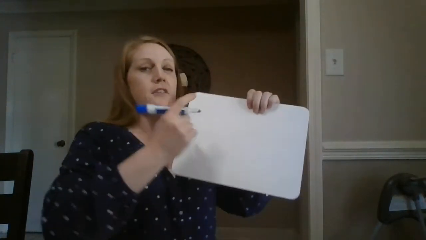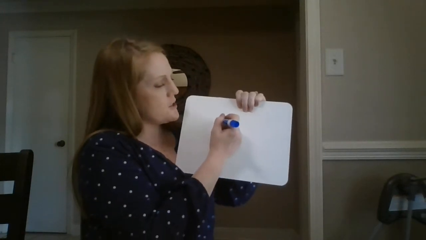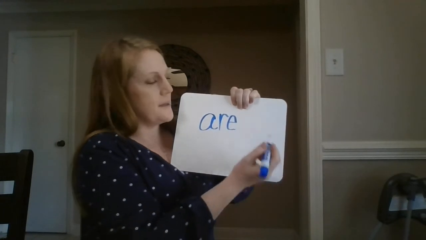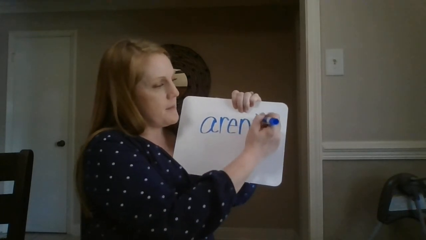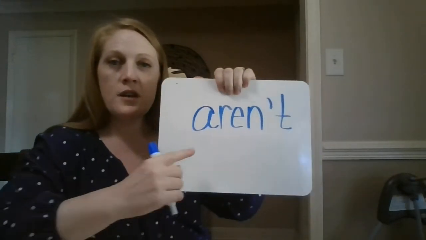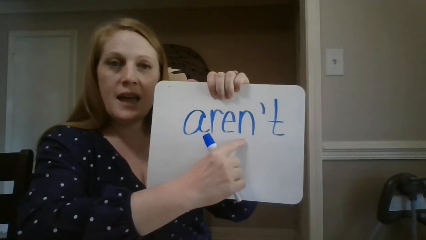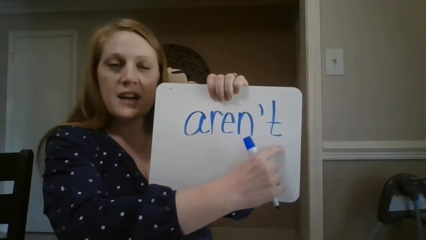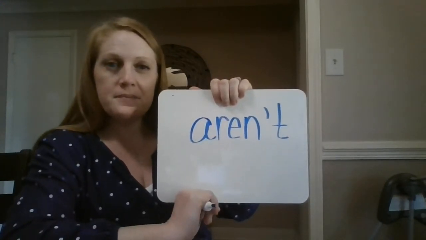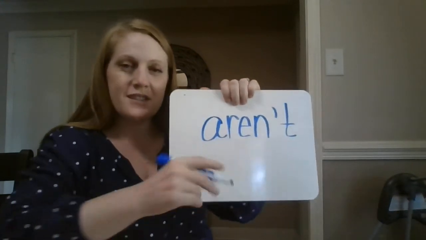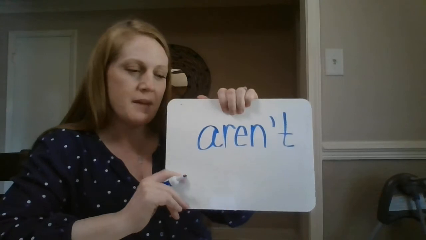Aren't. The first part of aren't is are, so we're going to write the word are. Nt. N apostrophe T. So you spell aren't, A-R-E-N apostrophe T. And this is the contraction for which two words? Are, not, aren't. Check your work, make sure it matches mine.